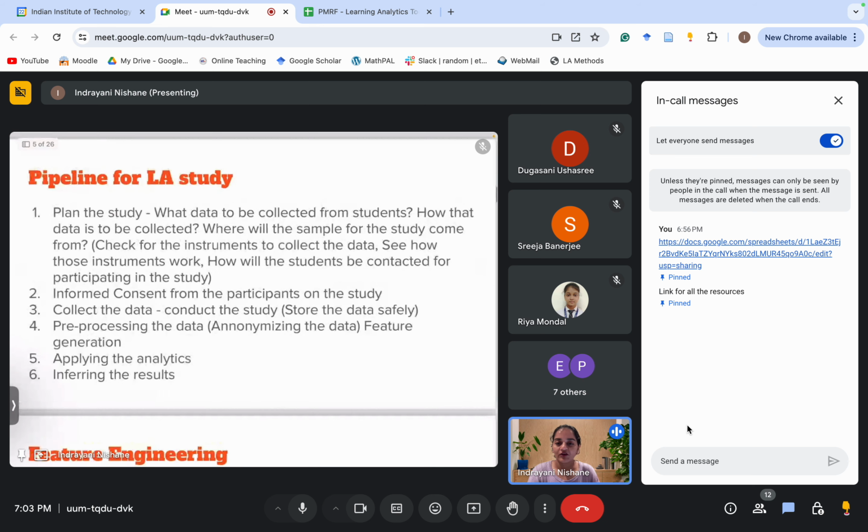Now this is one of the important points. If you are planning to conduct your own studies, carry out your own research, then you have to carefully plan the study, take informed consent from participants, then collect the data, store that data safely, then pre-process or clean that data, and anonymize that data.